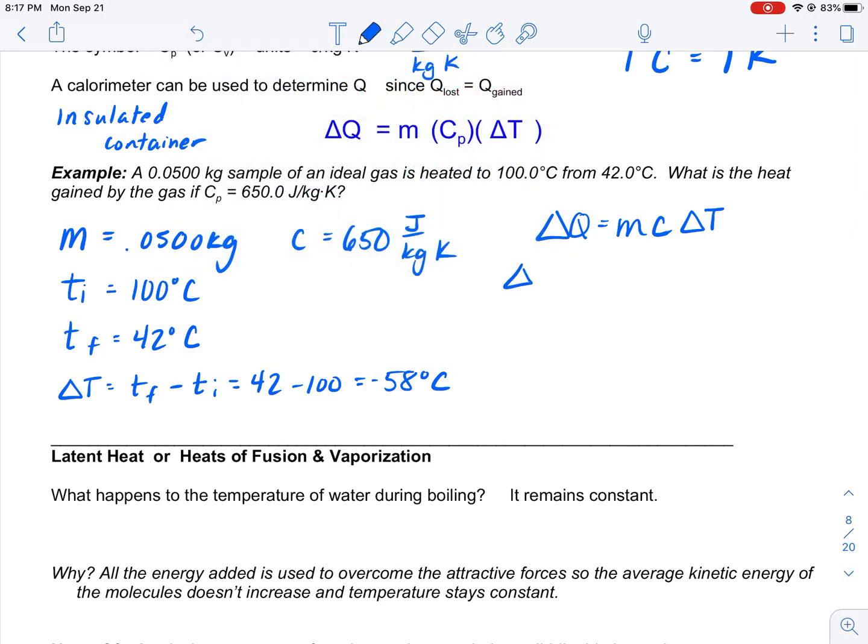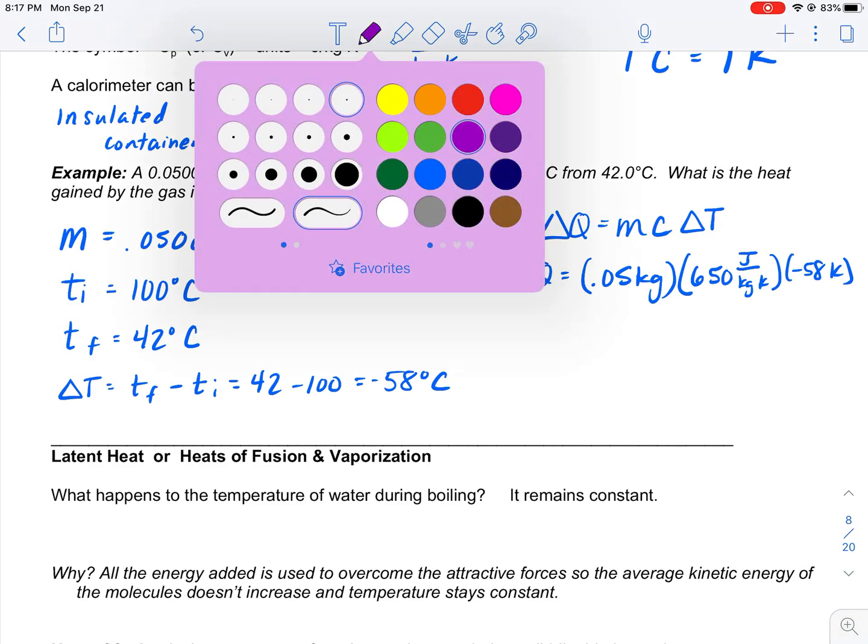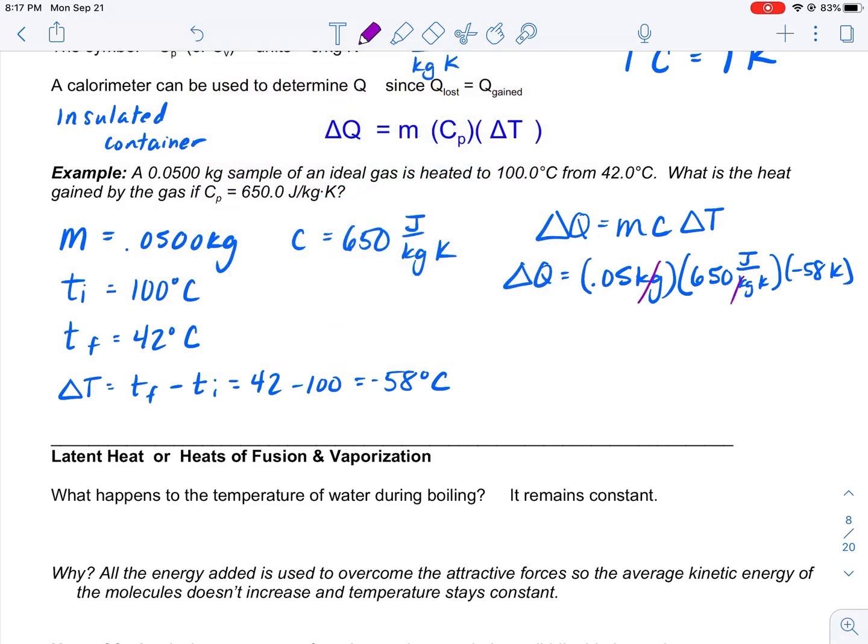Because really you can apply it to anything, any substance. So Q will equal the mass, that's 0.05 kilograms. I'll leave the units on there to make a point. So the specific heat, which is 650 joules per kilogram Kelvin, and then times a temperature change of negative 58 Kelvin.